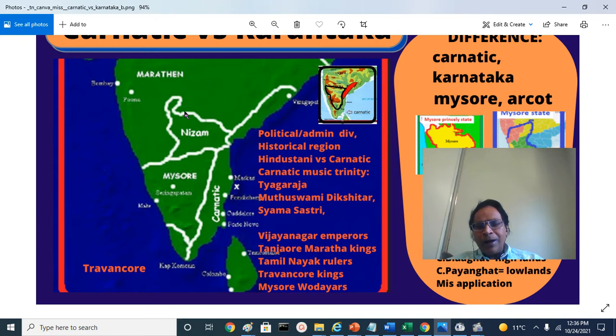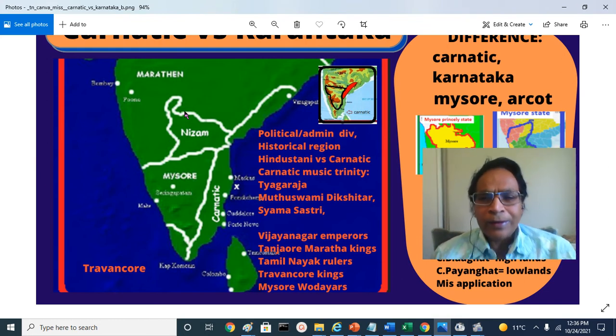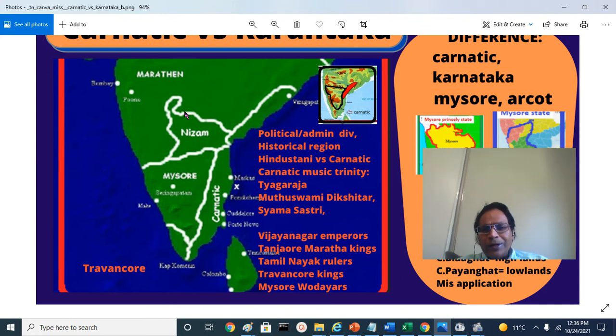Because Nizam Asaf, Nizamul Mulk Qamaruddin Khan, represented the Mughals, it is called Mughal Carnatic, contrary to the territory ruled by Shivaji's descendants and Vekoji's descendants here. That is called Maratha Carnatic.